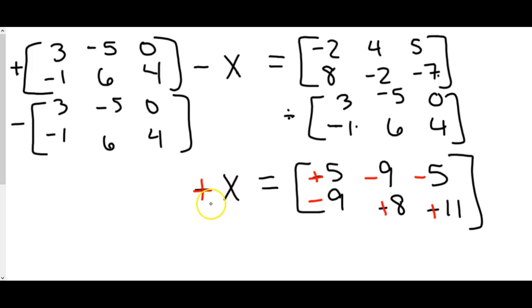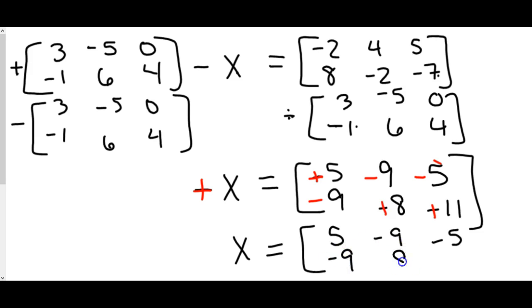So if we change the sign over here, we've got to change the sign of everything over here. So we get x equals positive 5, negative 9, negative 5, negative 9, positive 8, positive 11. And that will give you your final answer.